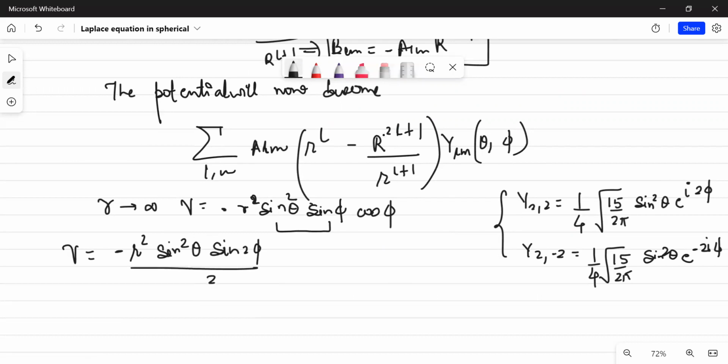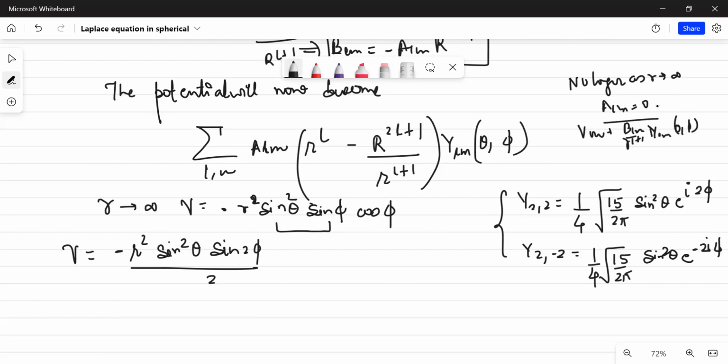And also understand, again I'm saying, no longer as r tends to infinity would your ALM be 0. Initially what we used to do, we used to say that our potential is 0 at infinity. So we take ALM as 0, and we see that potential outside is just given by BLM upon r to the power L plus 1 times Y LM theta comma phi.